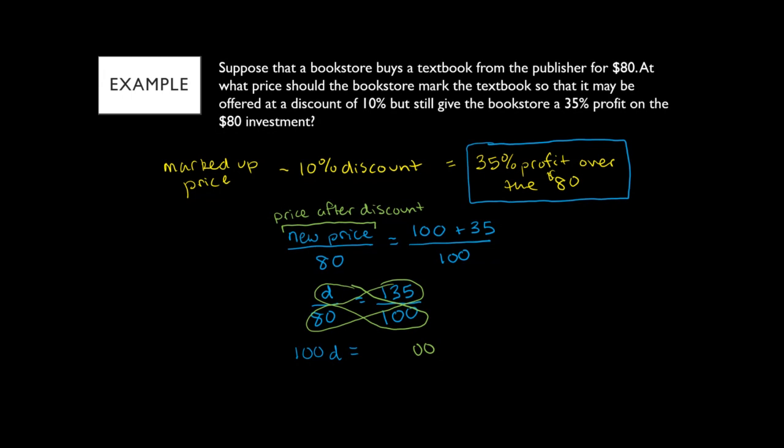So I'm actually going to rewrite that in my blue, so my color coding is consistent. So we've got 100D equals 10,800. And now we are going to divide both sides by 100. And so that's going to give us D, which is the discounted price, which is going to be $108. So this is after discount.